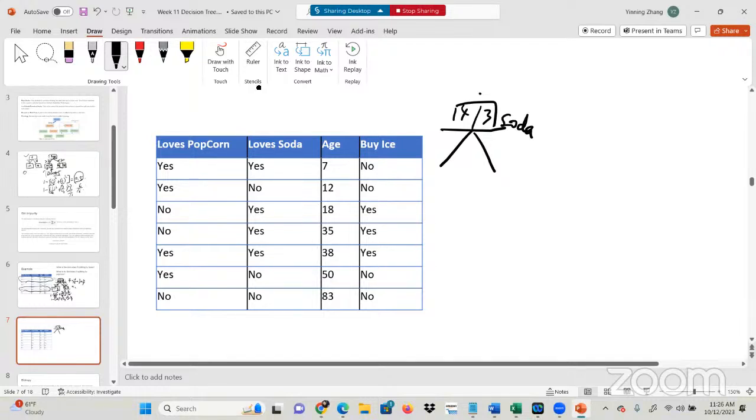Don't look at my answer. You try it on your paper, okay? We're doing the ones who buy ice cream that love soda. Buying ice cream is the target. So we are using soda as the root node to classify it.